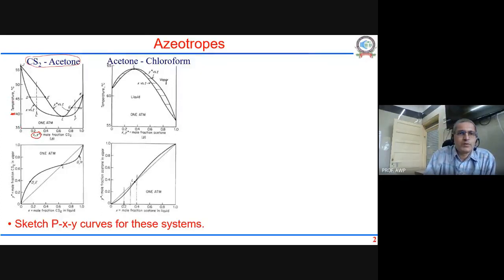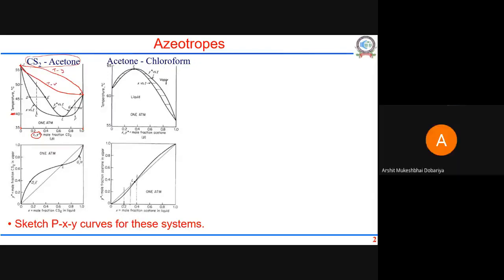So x is equal to 0, the boiling point is, let's say, 56, 57. x equal to 1, the boiling point is lower, let's say 45, 46. If it had been following Raoult's law, the Txy would have looked something like this. Do you agree with that? Yes, sir.